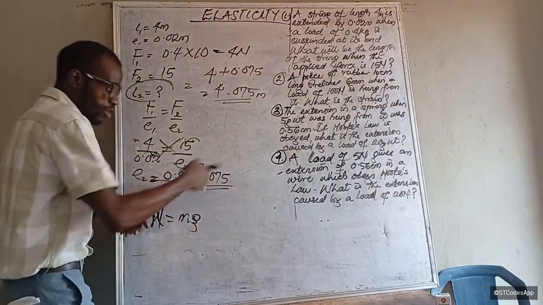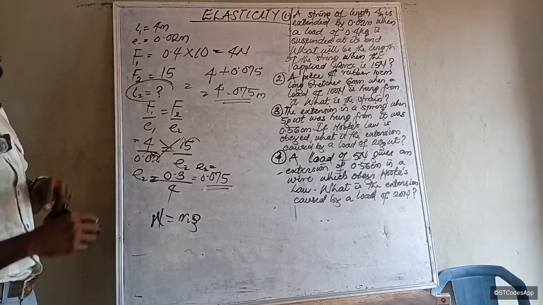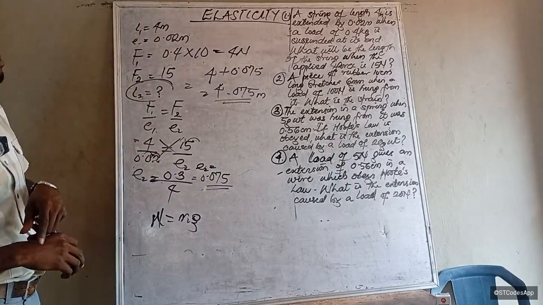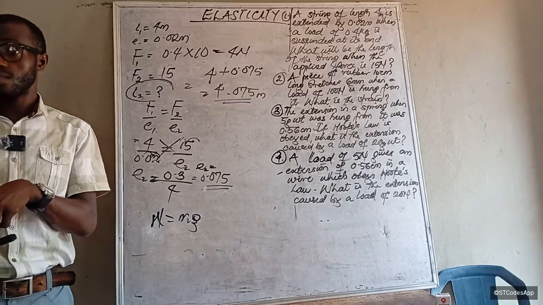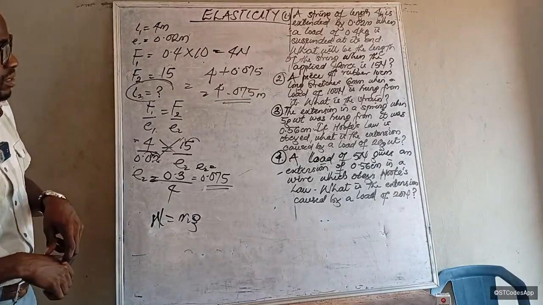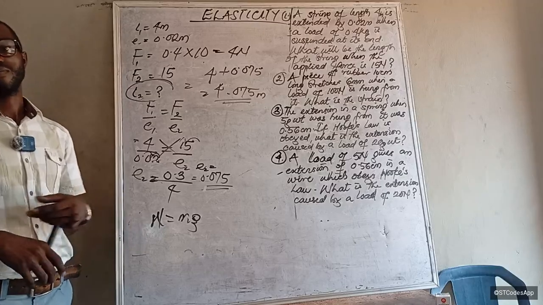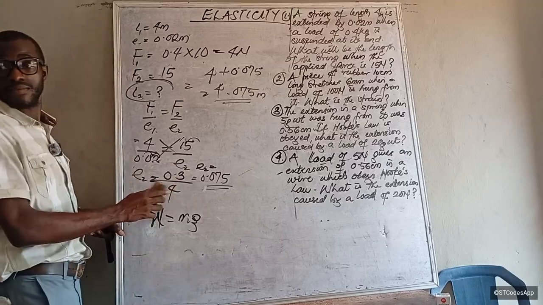Then this extension will now be added to the original length. Is it clear? Alright. Okay. Yes, you're correct. Should we go to the next thing? Alright. I'm gonna clean this.